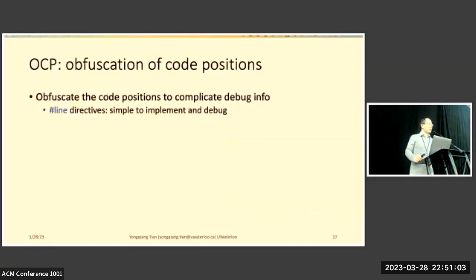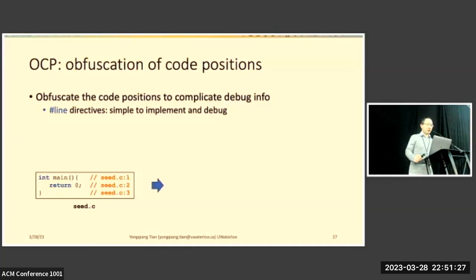Our second mutation operator is called OCP, obfuscation of the code positions, which obfuscates the code positions to complicate debug information. In this example, originally all the statements in this c.c file have the file name c.c and line numbers from 1 to 3.